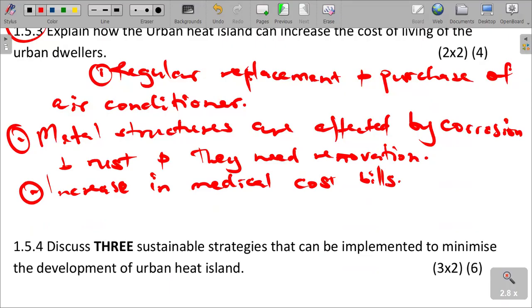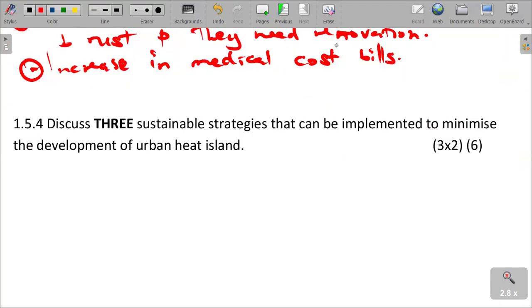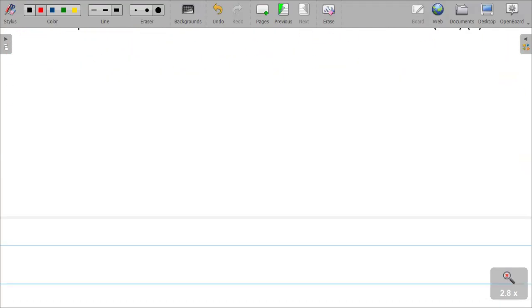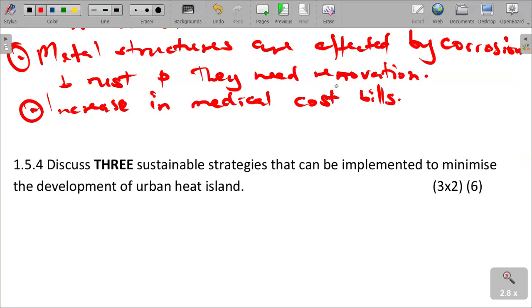We talked about people becoming sick frequently, so they have to consistently go to hospitals and check-ups, which is also another economic cost which must be understood. Then we discuss three sustainable strategies that can be implemented to minimize the effect of urban heat island.